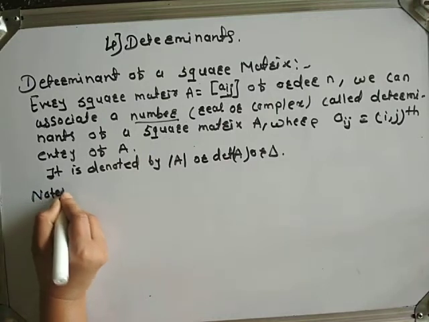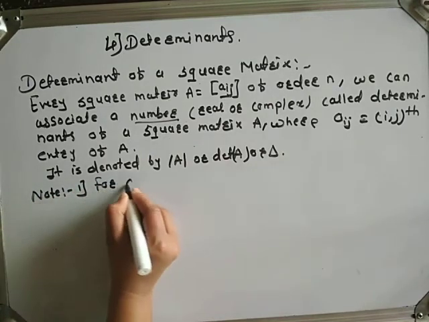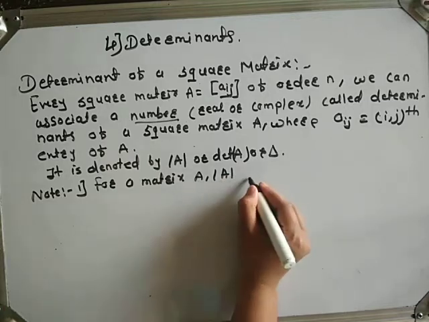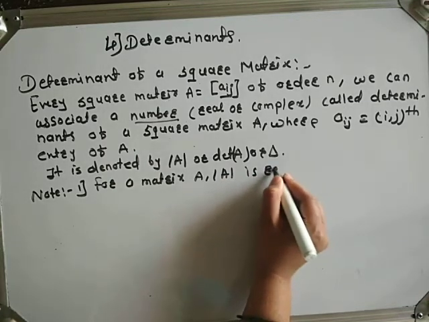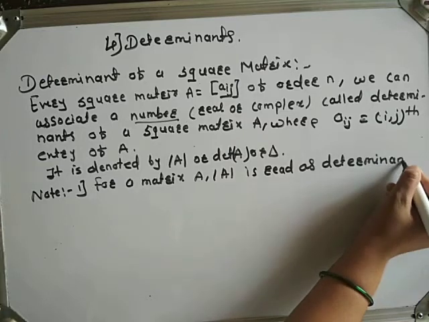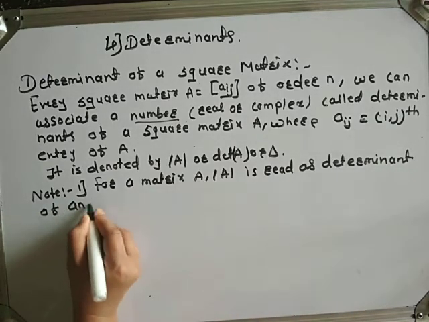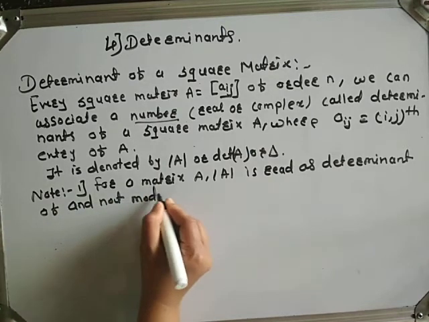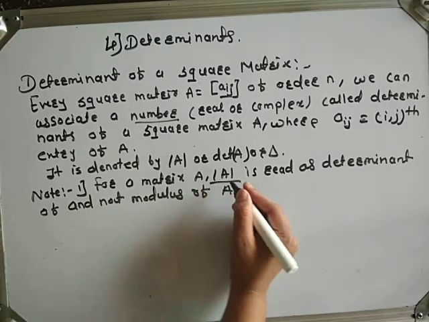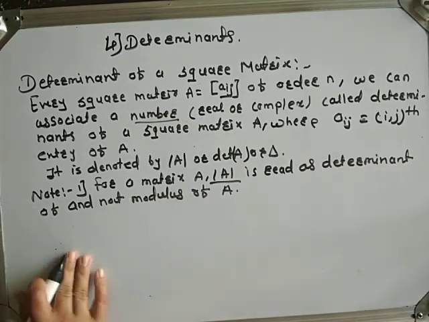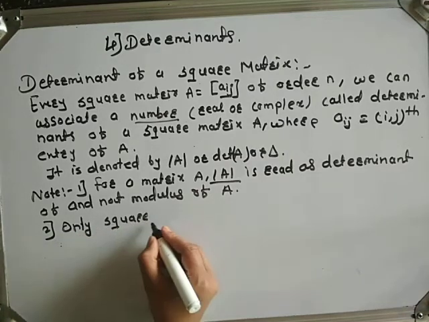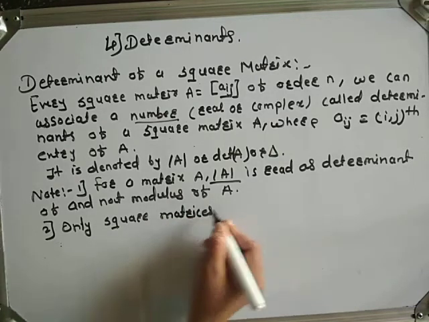Let us write down some notes. First note: for a matrix A, determinant of A is read as determinant of A and not modulus of A. Students, remember that this notation denotes determinant of A, not modulus of A. Second, only square matrices have determinants.